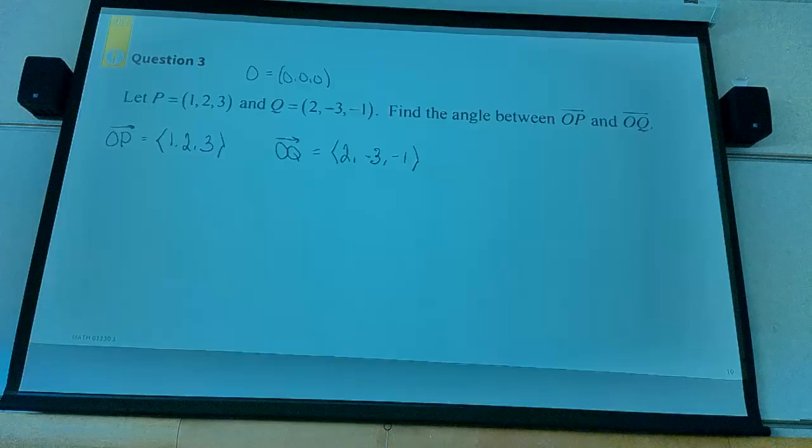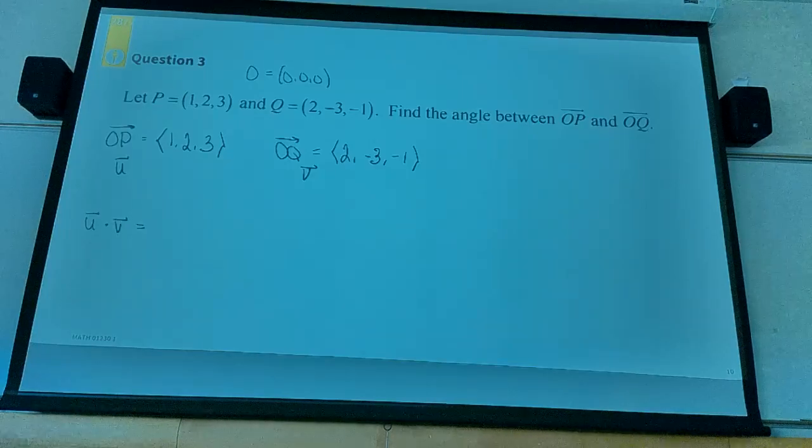Angle between them, how are we going to find it? Inverse. Use the alternative form of the dot product.